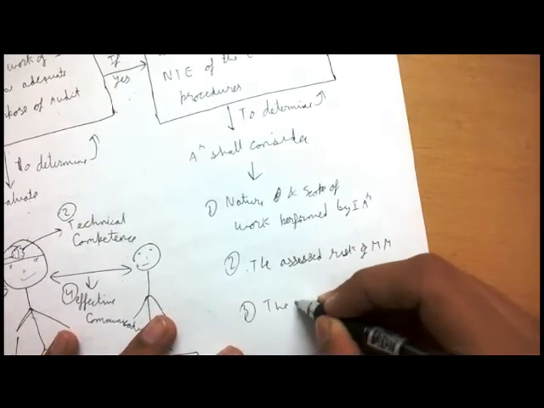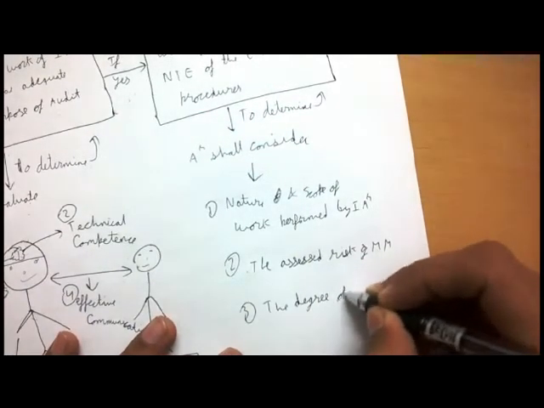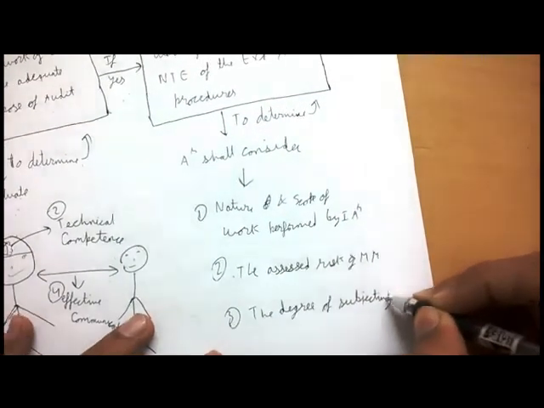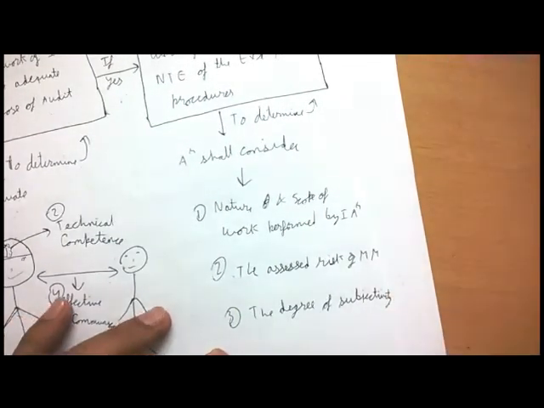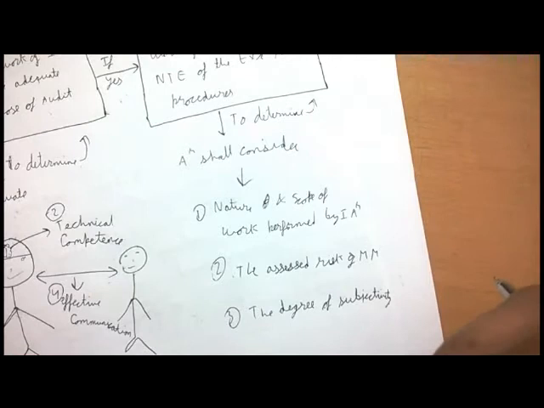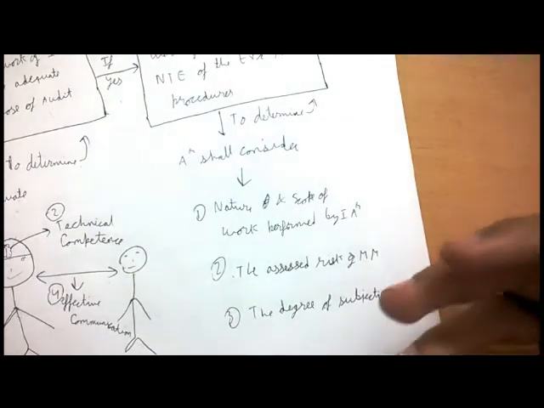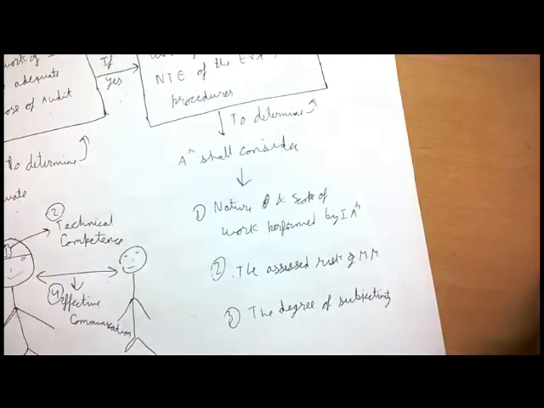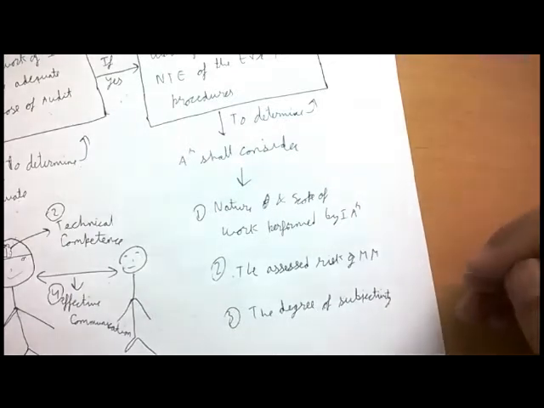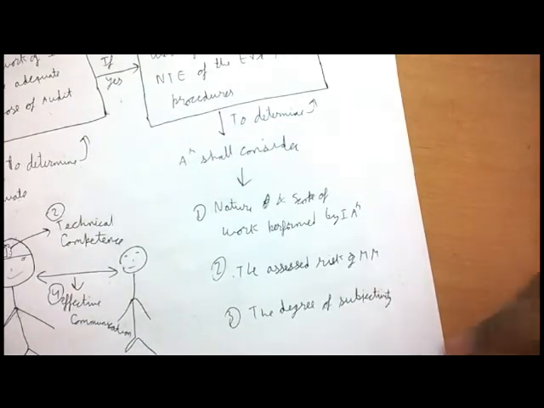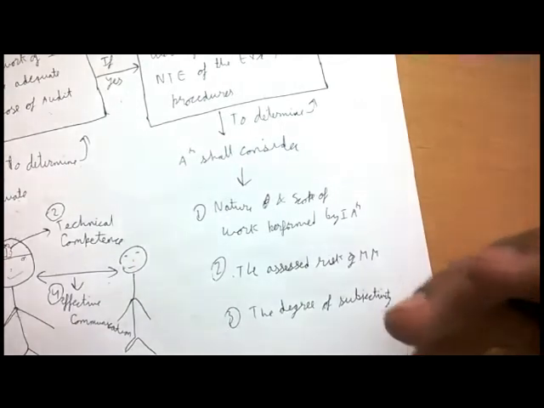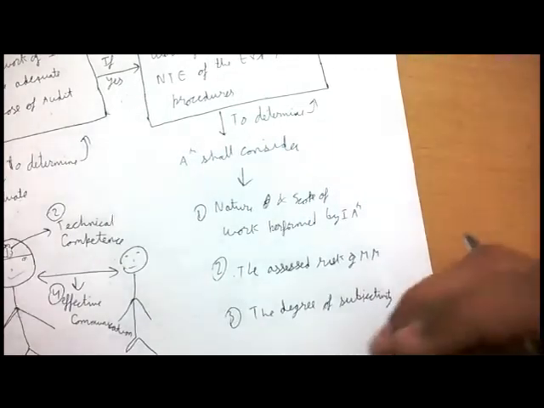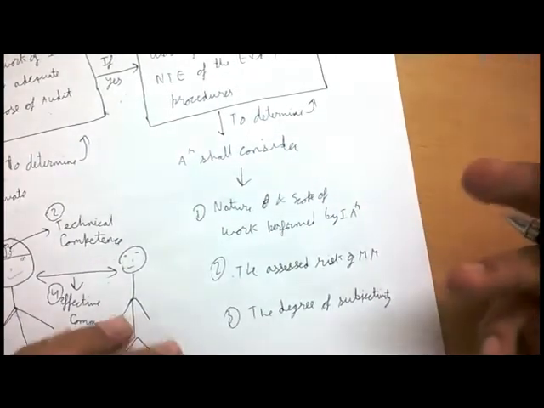Then the degree of subjectivity. Subjectivity means that the internal auditor is using his own beliefs, his experience, his perspective. So it is basically the opposite of objectivity. Objectivity is not influenced by personal bias, etc., but subjectivity is having an impact of personal perspective, personal beliefs, etc. So the more the subjectivity, the worse it is for the assessment.